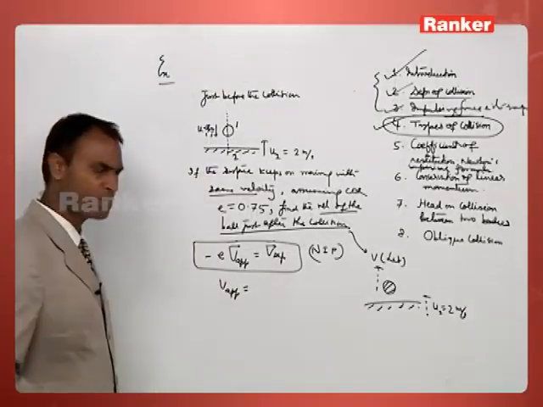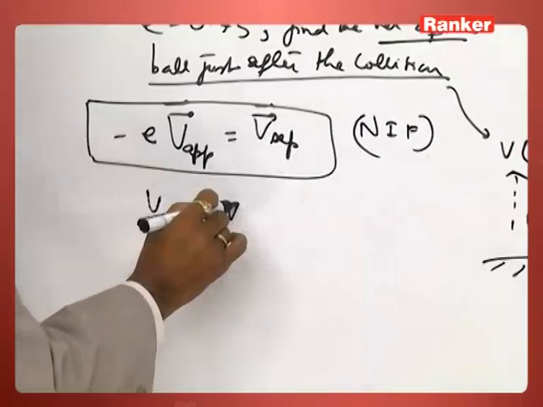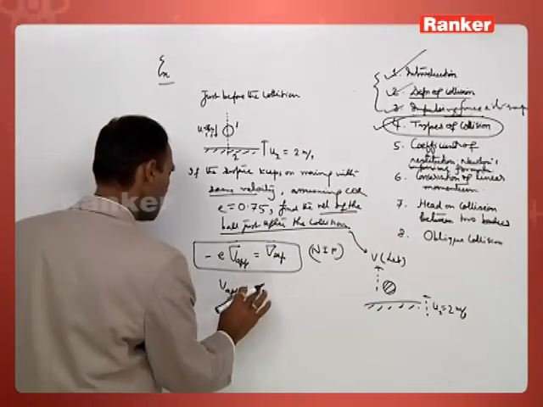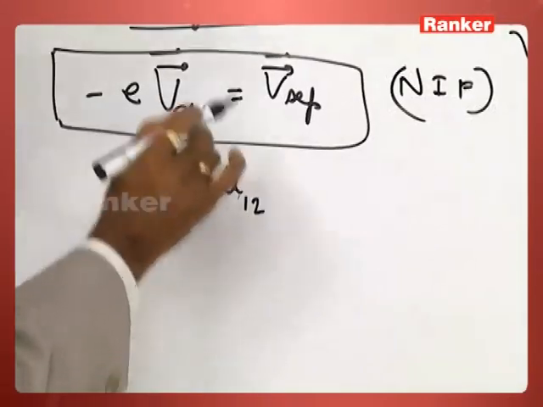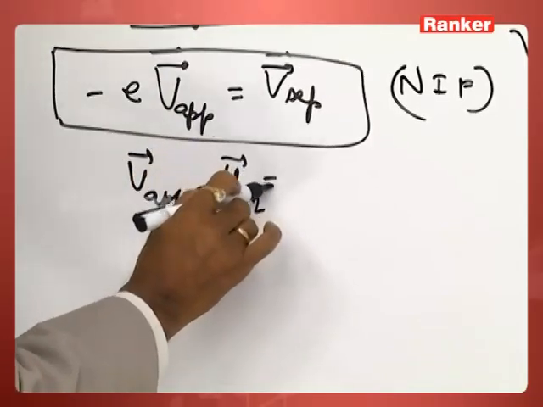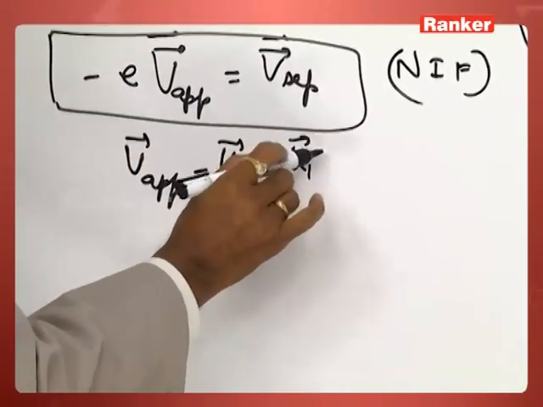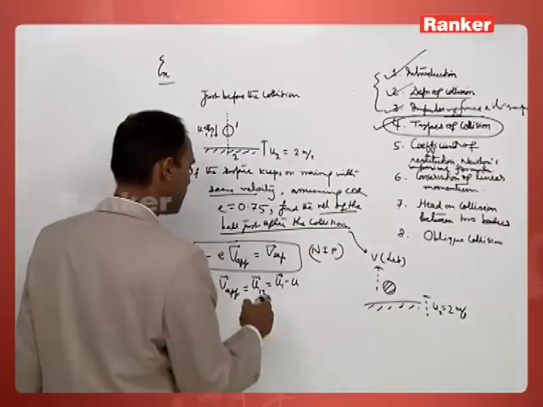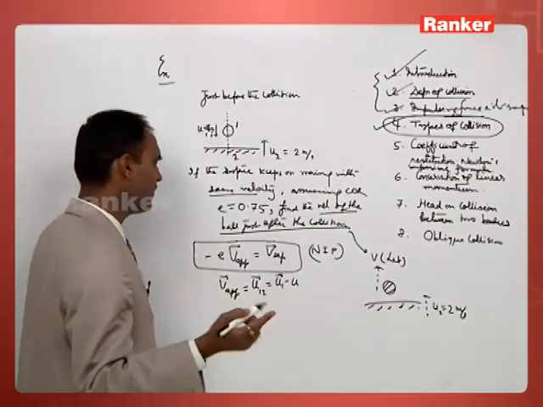Approach velocity is equal to the velocity of 1 with respect to 2, initial velocity. So I can write u. u stands for initial, v stands for final, or you can write ui or vf.